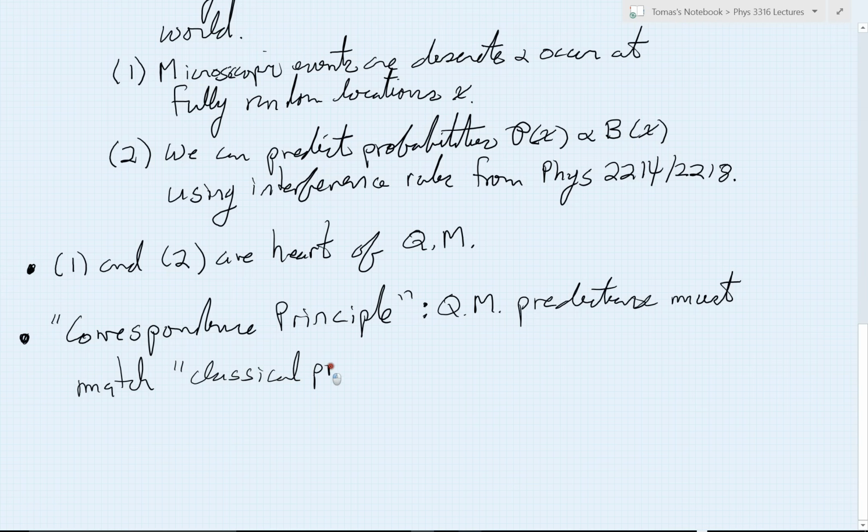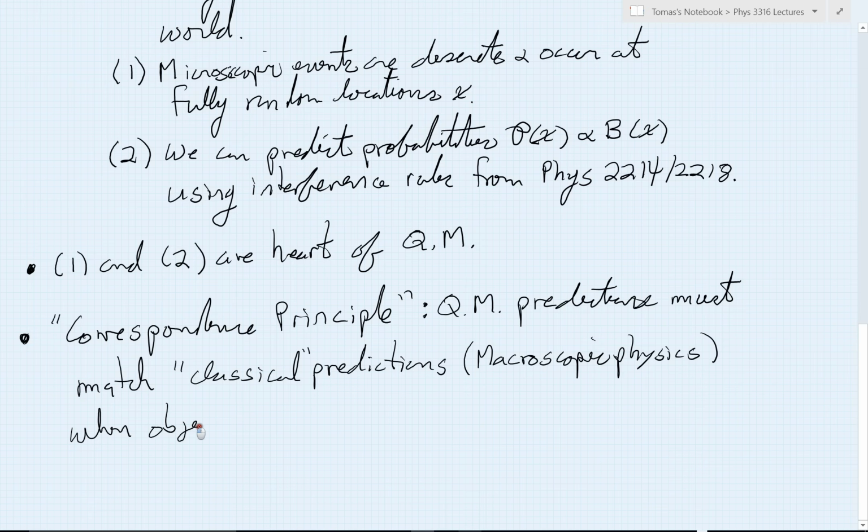We have to reproduce those, and the term I would prefer to use is what we experience in our normal macroscopic physics, which is frequently called classical physics. Must match the classical predictions when the objects are large. Again, when we go to a regime where things are much, much larger than h.